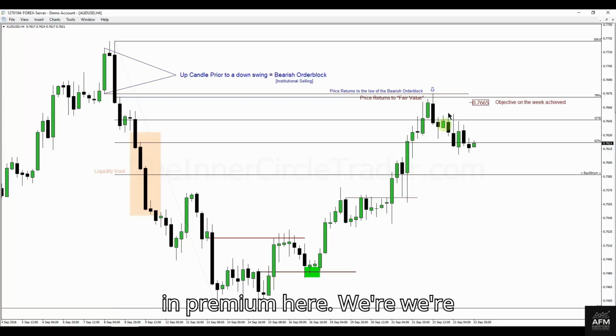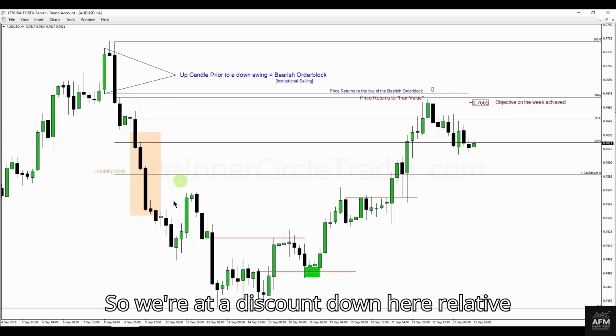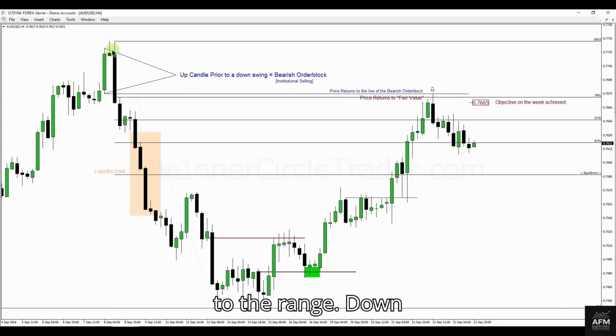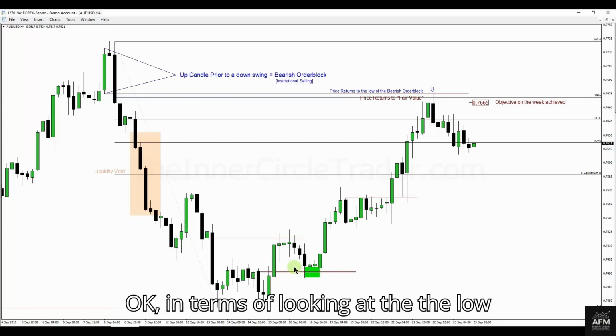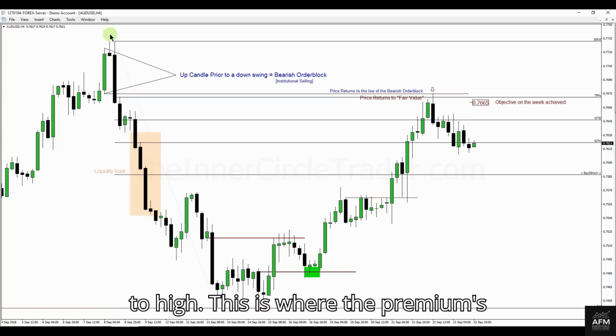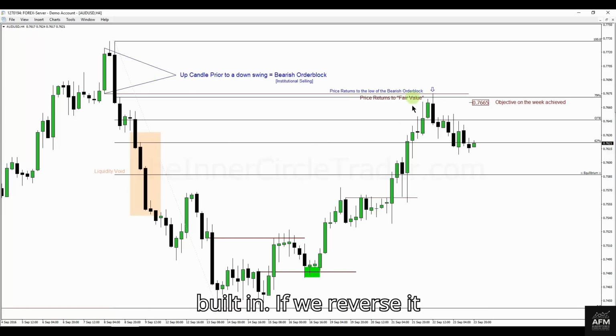So we're in premium here. We're below equilibrium here, so we're at a discount down here relative to the range. Down here, we're at discount in terms of looking at the low to high. This is where the premium's built in.